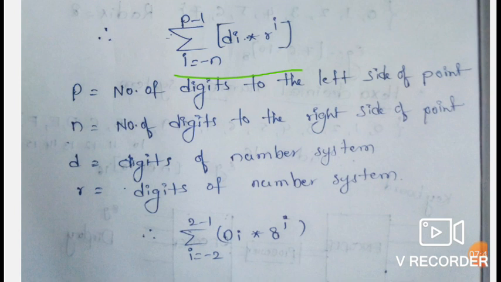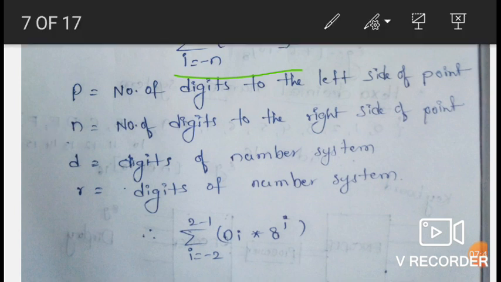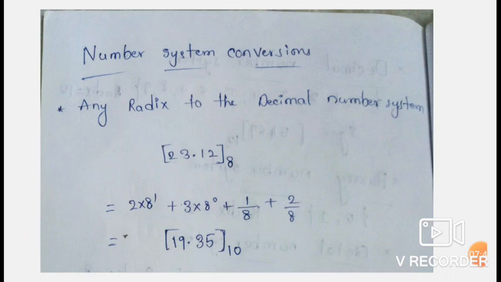And d is the number of digits of the number system. Here d means how many digits we are having: 2 3 1 2, 4 digits, so d will be 4.